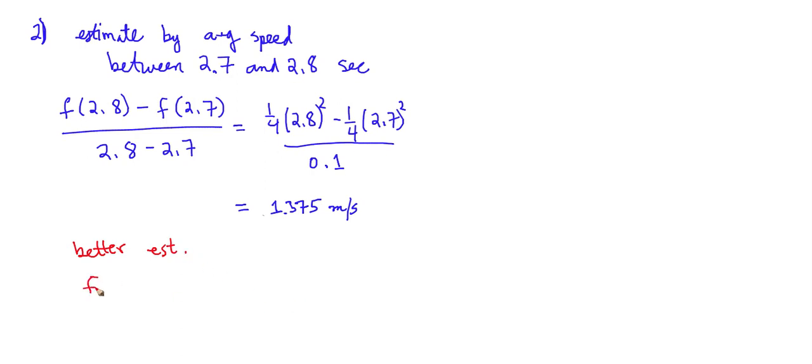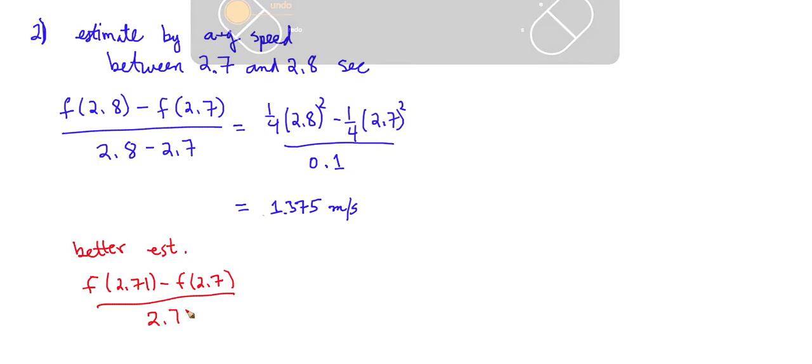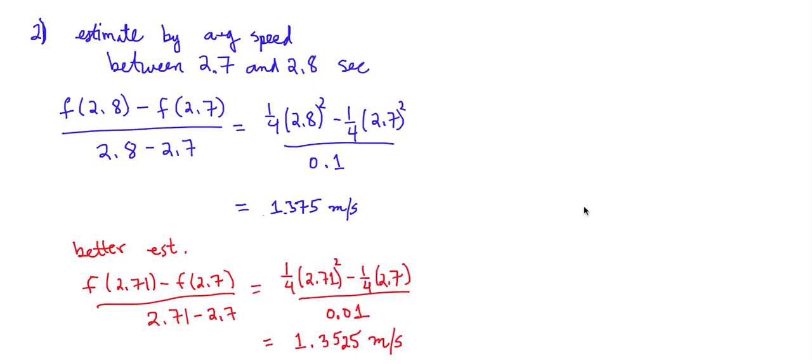So this would be f of 2.71 minus f of 2.7, all of this divided by, whoops, not 2.8, 2.71 minus 2.7. And we can compute this math again. So we get an answer now of 1.3525.